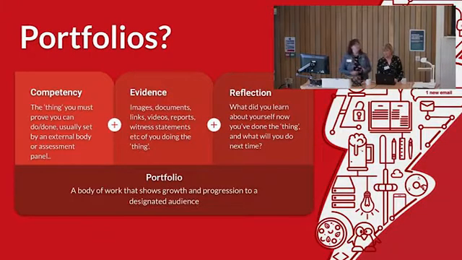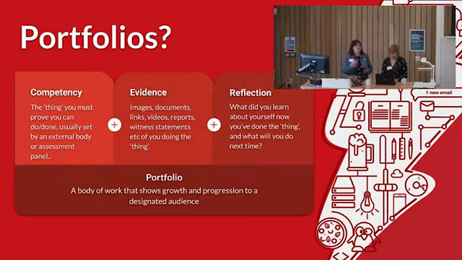On one side you have the competency, the thing that you must prove you can do, and a lot of the time this is set by an external body or framework. The next thing in this triad is the evidence: your files, photos, videos, all these things of you doing the thing you say you can do. That needs to be matched up with the competency.